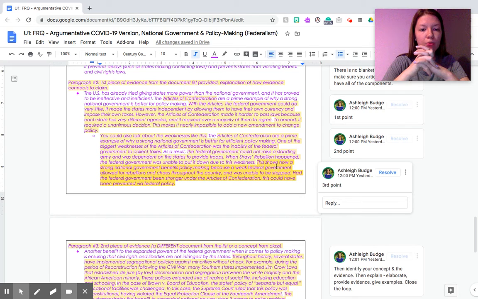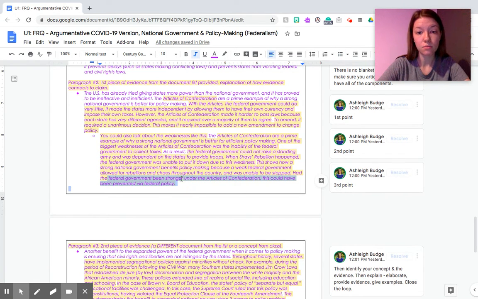So this shows how a strong national government benefits policymaking because a weak federal government allowed for rebellions and chaos throughout the country and was unable to be stopped. Had the federal government been stronger under the Articles of Confederation, this could have been prevented via federal policy, right? So again, I closed the loop here, talking about policymaking and how a strong federal government would benefit that, using the Articles of Confederation as an example.